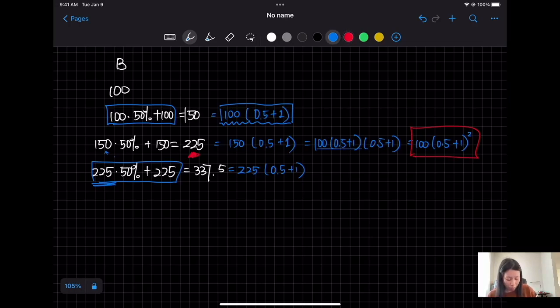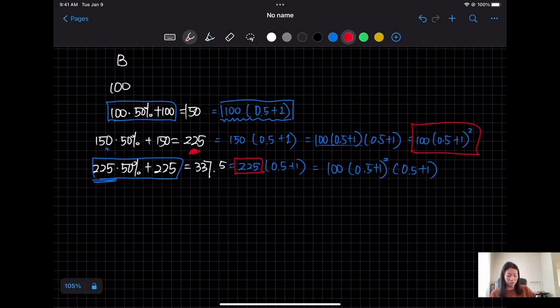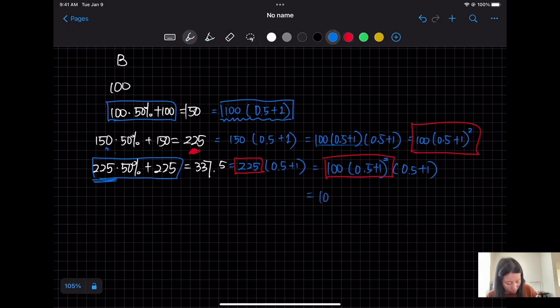So now I replace that with 100 times (0.5 plus 1) squared, times (0.5 plus 1), because this part is 225. Now we merge these two together since they have the same base, so I can write it as 100 times (0.5 plus 1) to the third power.